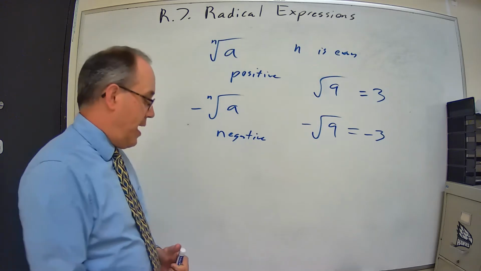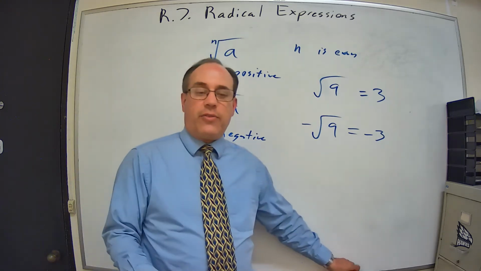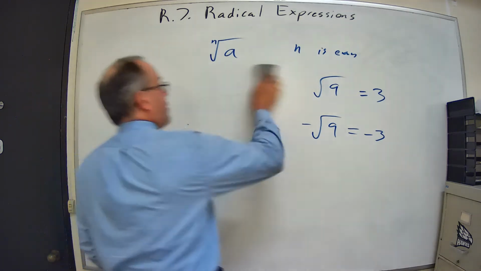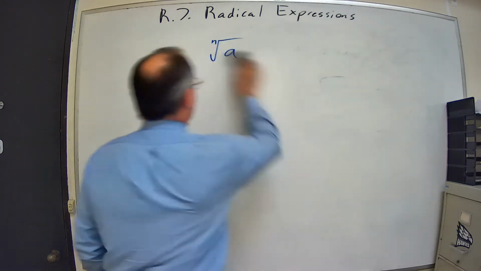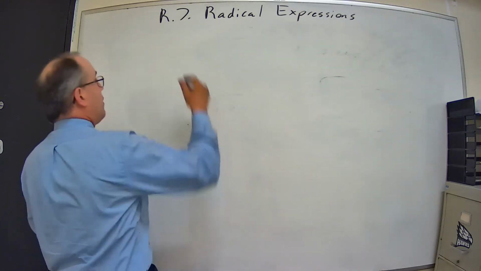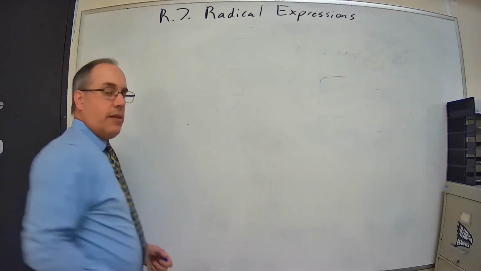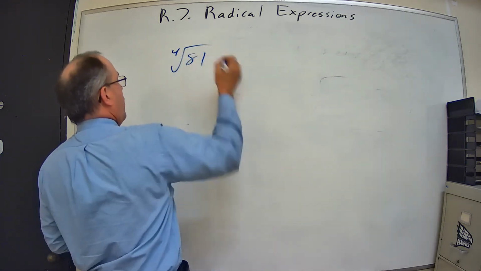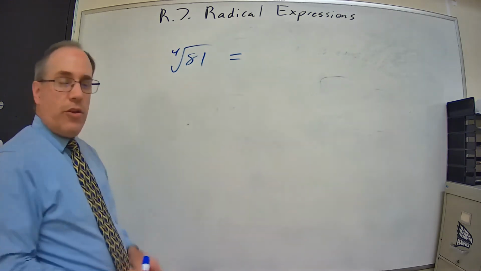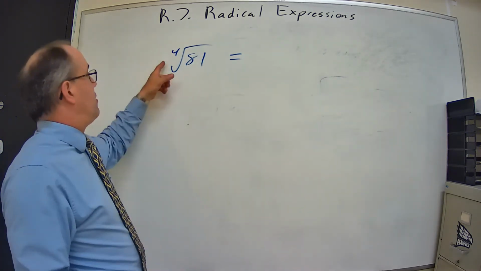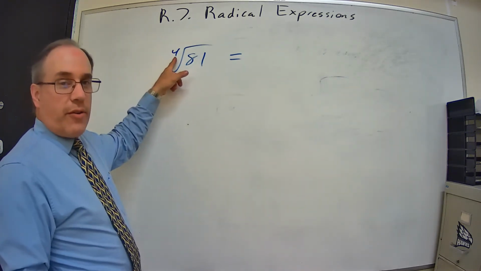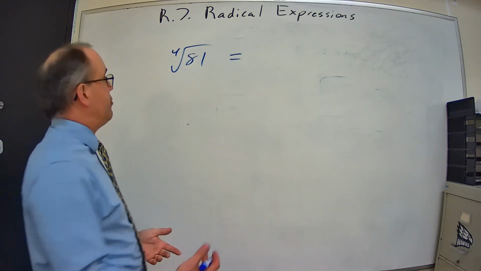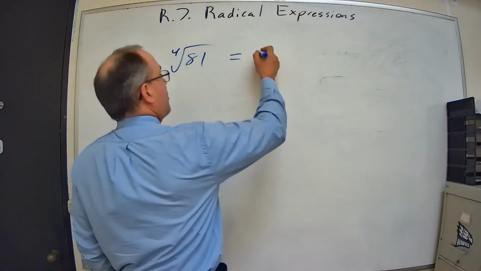So let's look at a few radicals and see what the result is. Let's go for a fourth root. The fourth root of 81. Well, it's an even radical, even index, so we're going to go for the positive root, and that's 3.